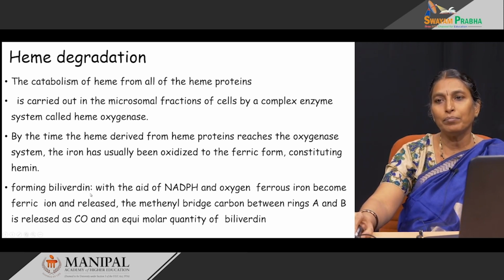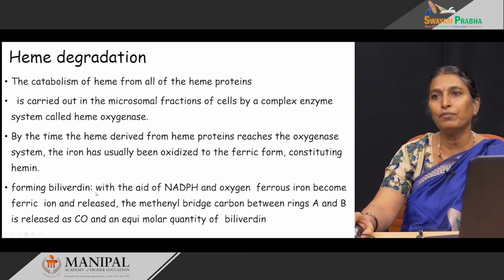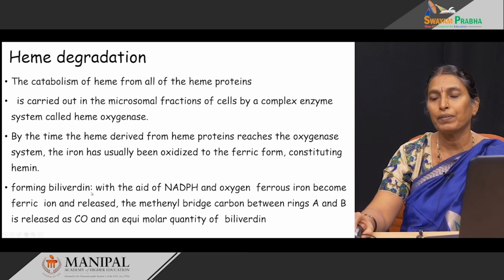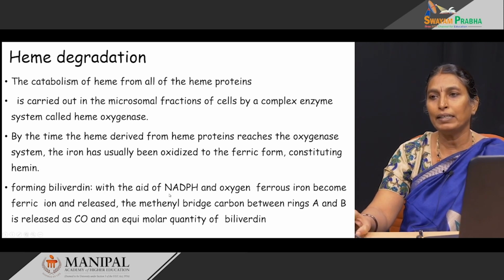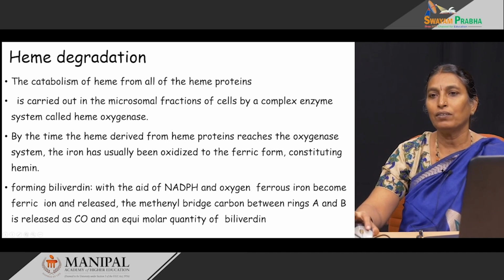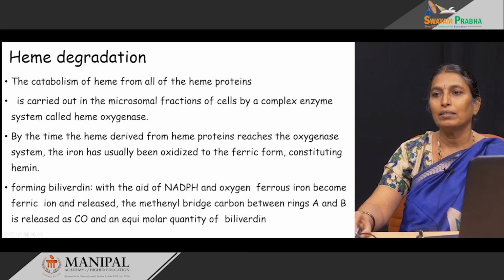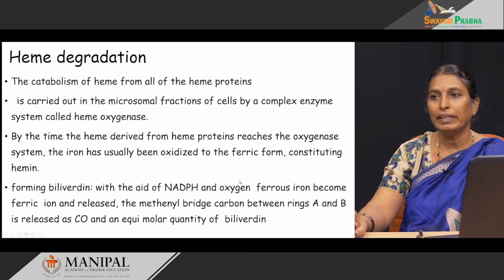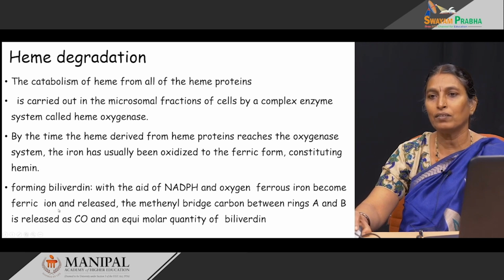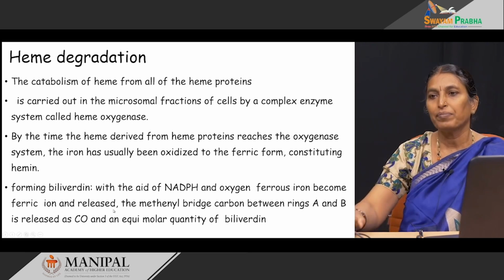Forming biliverdin is the first step of formation of bilirubin. With the aid of NADPH and oxygen, the ferric iron is first reduced to ferrous iron, then that ferrous iron again becomes ferric iron and is released.